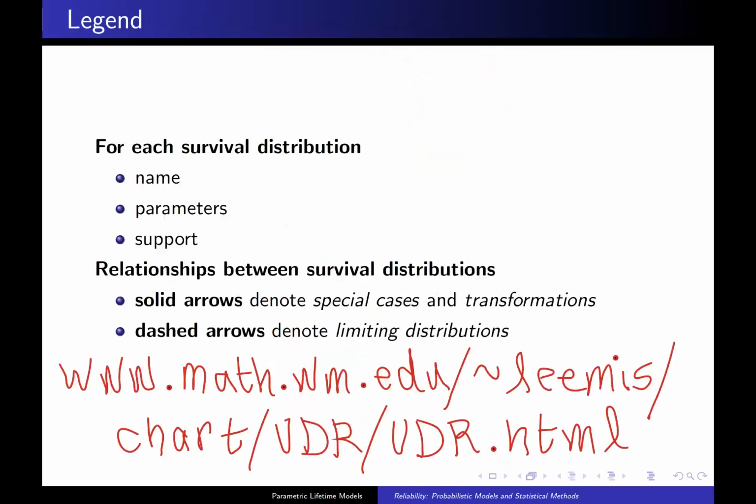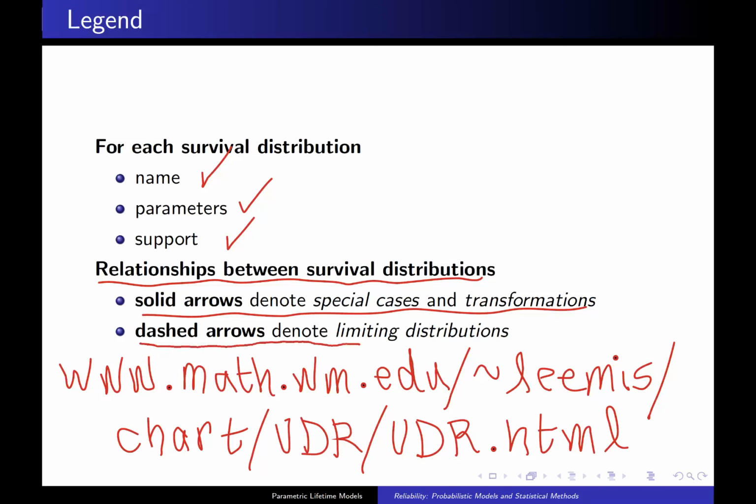So for each of the survival distributions in that chart, you have the name first on the first line, the parameters second on the second line, and then the support on the third line. Again, regarding relationships between these distributions, solid arrows denote special cases and transformations, dashed arrows denote limiting distributions.